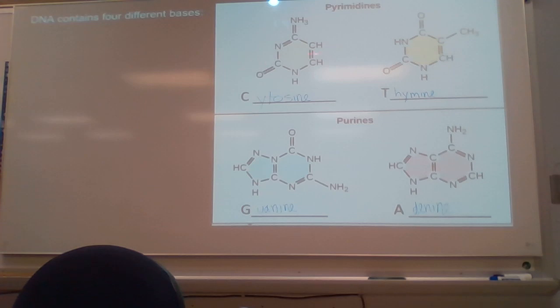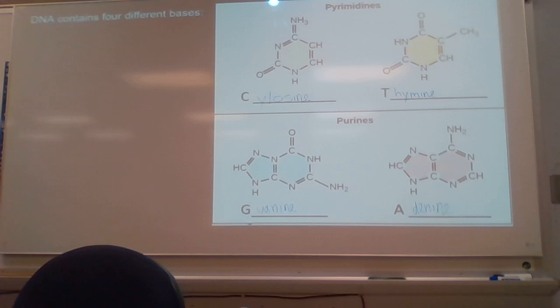Yeah, what's similar about cytosine and thymine compared to guanine and adenine? I heard a couple people say it. These are made up of one ring, right? And these are made up of two rings.